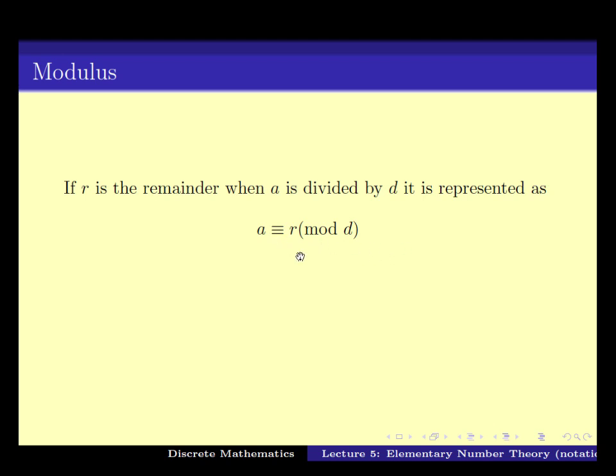The way to read it is a is congruent to r mod d, and it means a minus r is divisible by d, or r is the remainder when a is divided by d. So it reads as d divides a minus r.